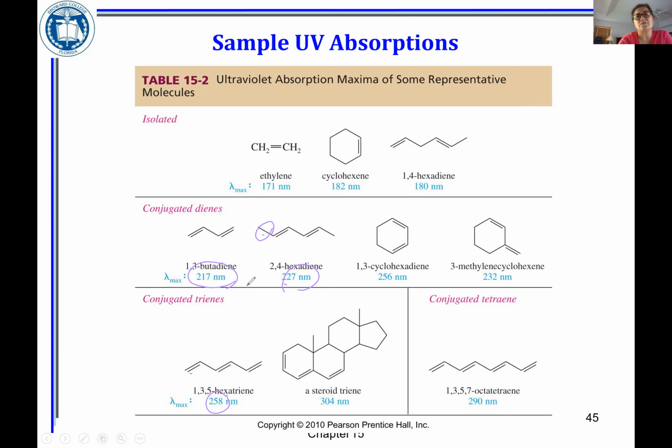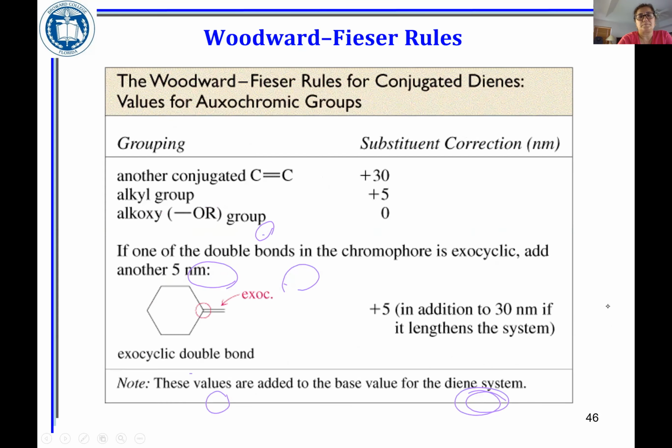Sometimes just for CH3 it is 5 units. The greater the number of pi bonds, the higher the lambda max is going to be. So for each pi bond, you add 30, and for each alkyl group, you add 5 to the lambda max value.